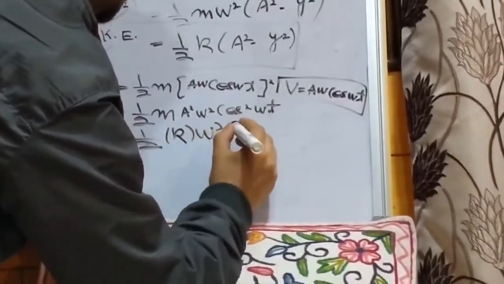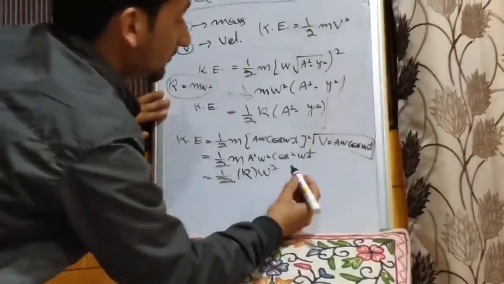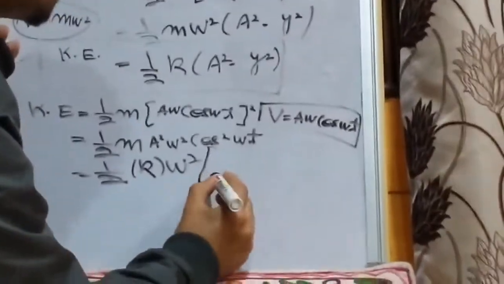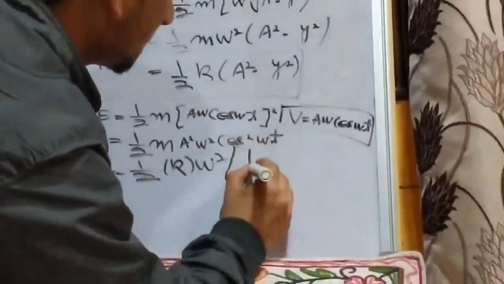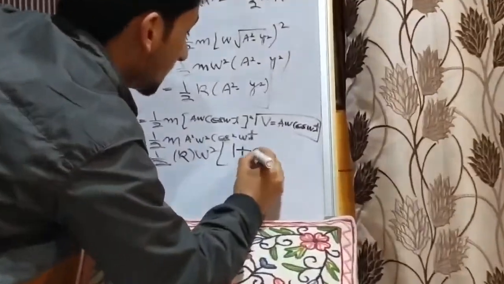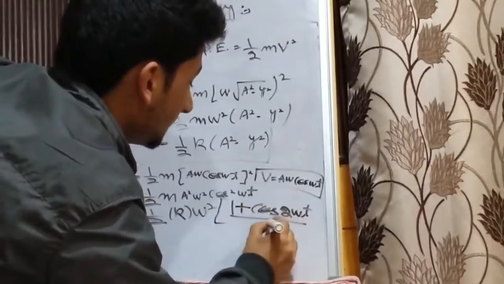a square. We will replace this cos square of omega t by using the half angle formula, and by using that equation this will be equal to 1 plus cos of twice omega t divided by 2.